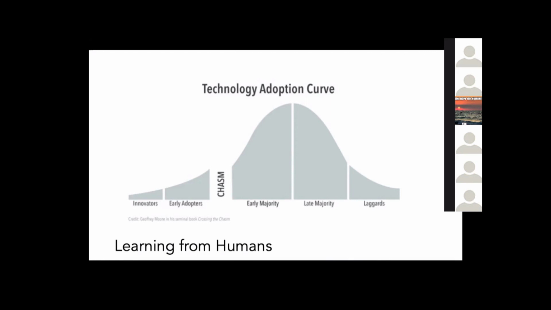So I'm very, very slow in terms of adopting technology. We have the innovators, obviously, who create the new innovation. It doesn't have to be a technology, it can be something else. Then we have the early adopters that are very eager to try something out, even though it doesn't work. Then there's this chasm. And then we go from the early majority to the late majority.